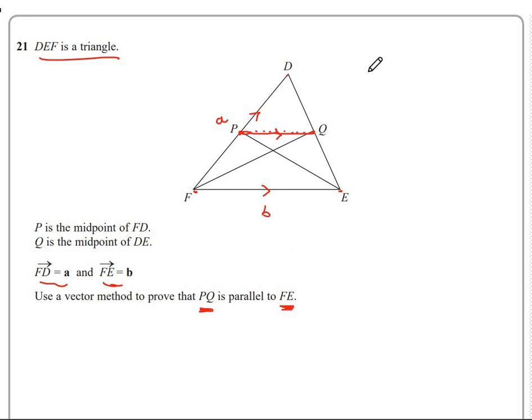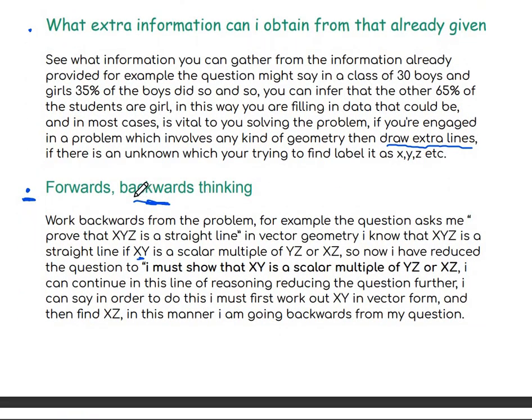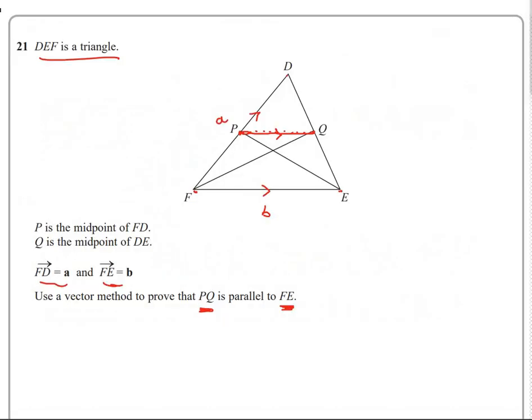If we're using our problem solving here, let's go with some backwards thinking. We're going to think backwards from our problem. Use a vector method to prove that PQ is parallel to FE. What does it mean that PQ is parallel to FE?